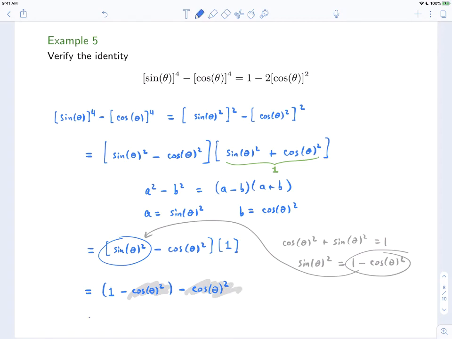So what do we have? We have 1 minus cosine theta squared minus itself, so it's minus 2 cosine theta squared, and that's exactly what we were looking for. 1 minus 2 times cosine theta squared. Same thing. So we were able to verify this identity. Let's do one more example.